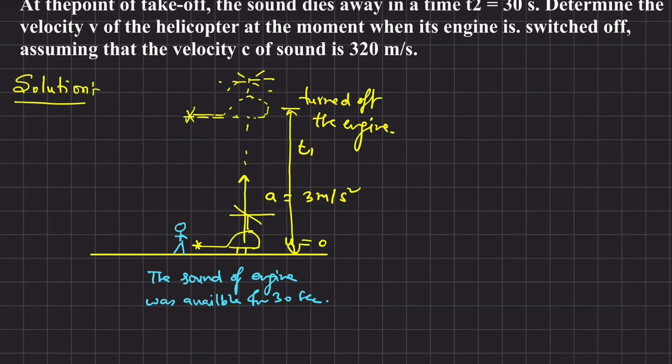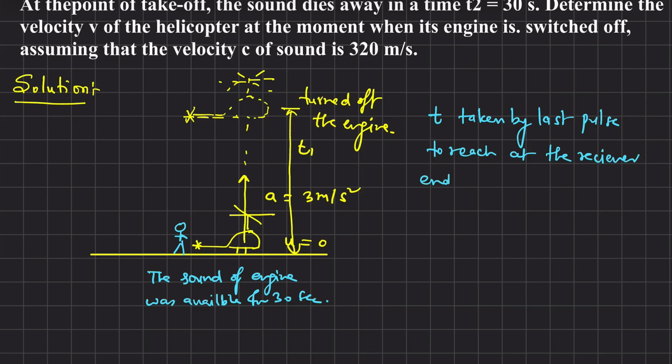The time taken by the last pulse to reach the receiver end is nothing but the distance. Let's say this height is h, so h divided by c is the time that it is going to take.